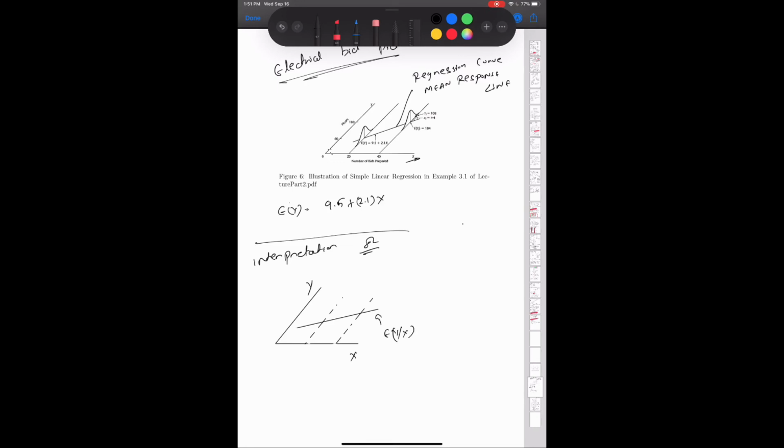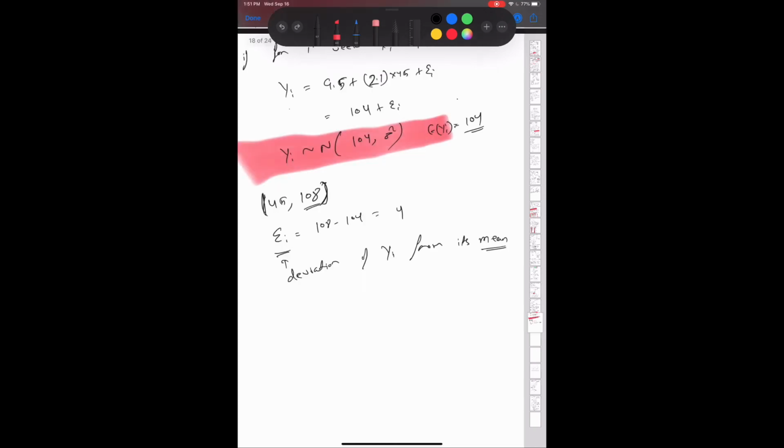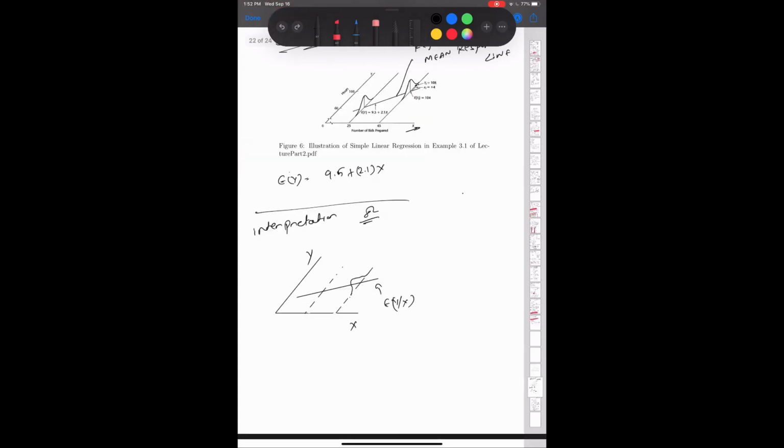Okay, and now I know that y falls on a bell curve centered around here, right? Why can't I draw a bell curve? Because I'm not a good drawer.